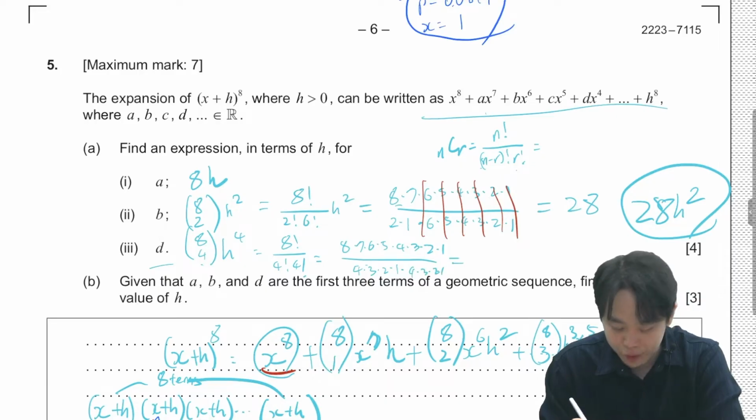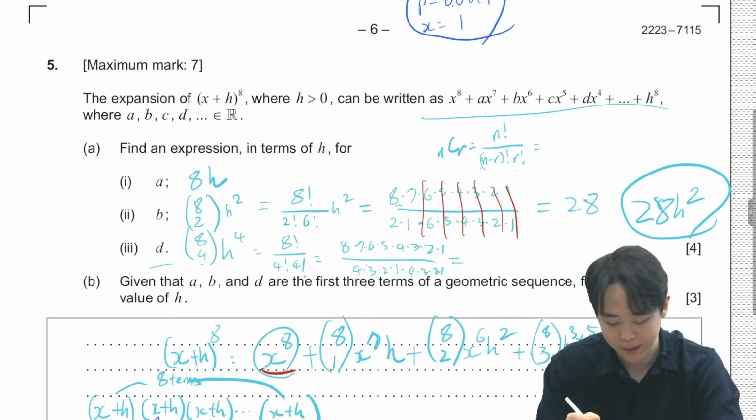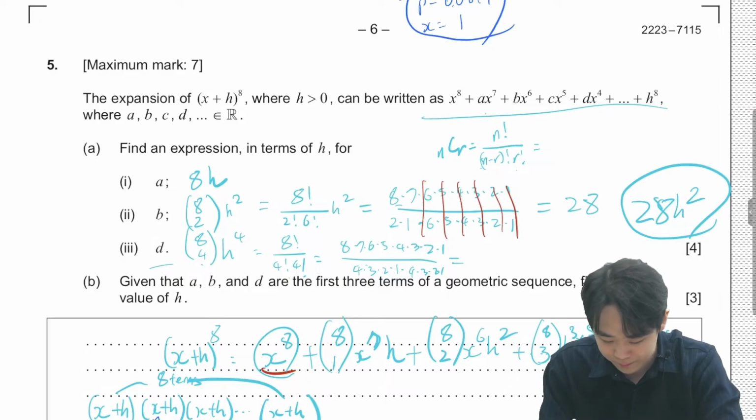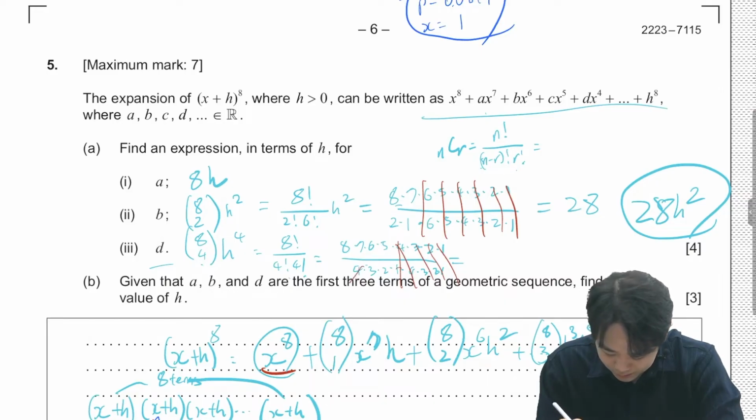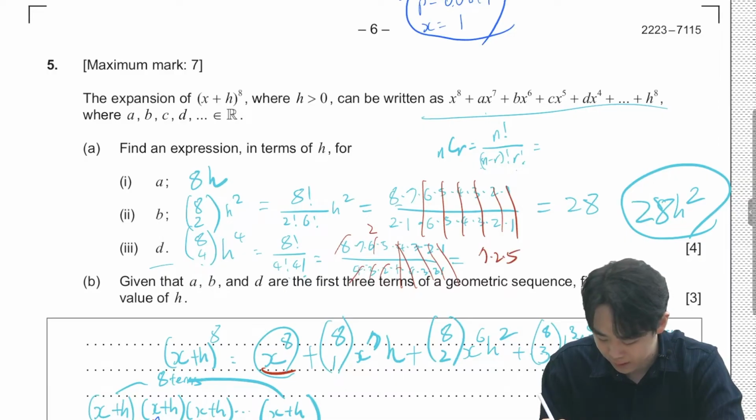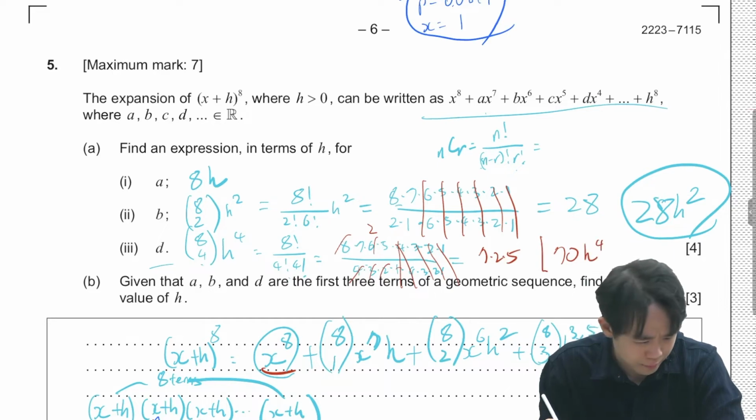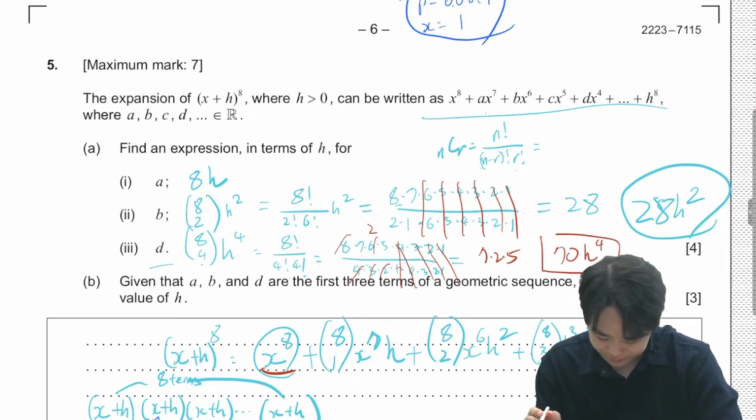We just expanded all the factorials, multiplying from this term all the way down to 1. So all of these terms will cancel out. The 1 cancels out as well. We could take out the 8 here, then we could do 2 here. So we're left with 7, 2, 5, which is 70. So we get 70 h to the power of 4. That's our expression for d.